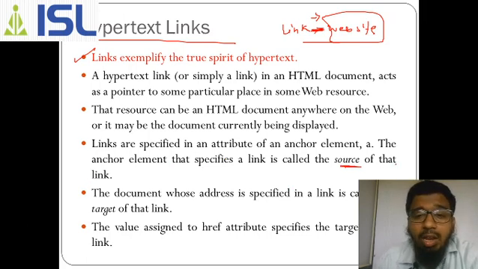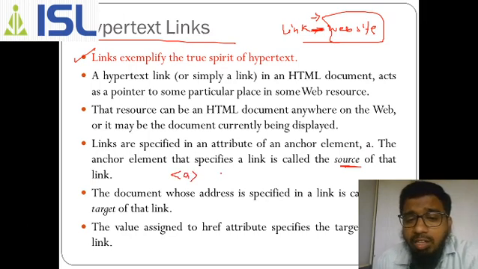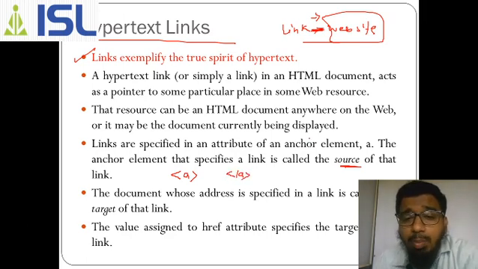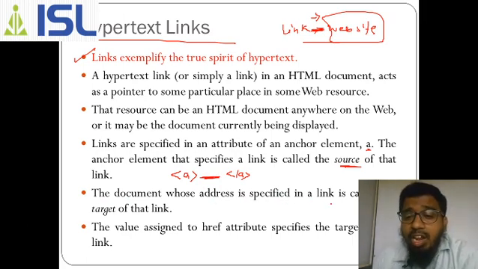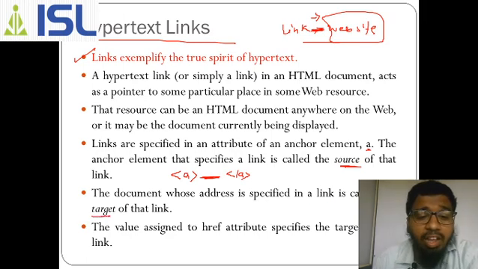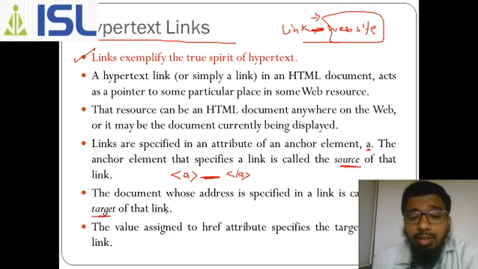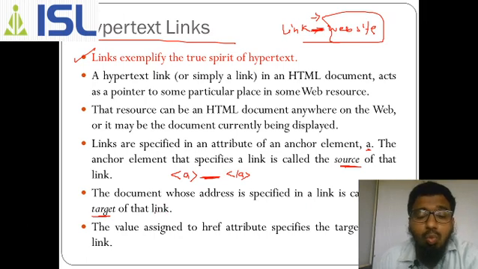Anchor means it will be like this. This is the opening tag and this is the closing tag. We will use the anchor element, that is the a tag, to give the link. The document whose address is specified in a link is called the target of the link. So whatever link you are going to give, that is called the target.